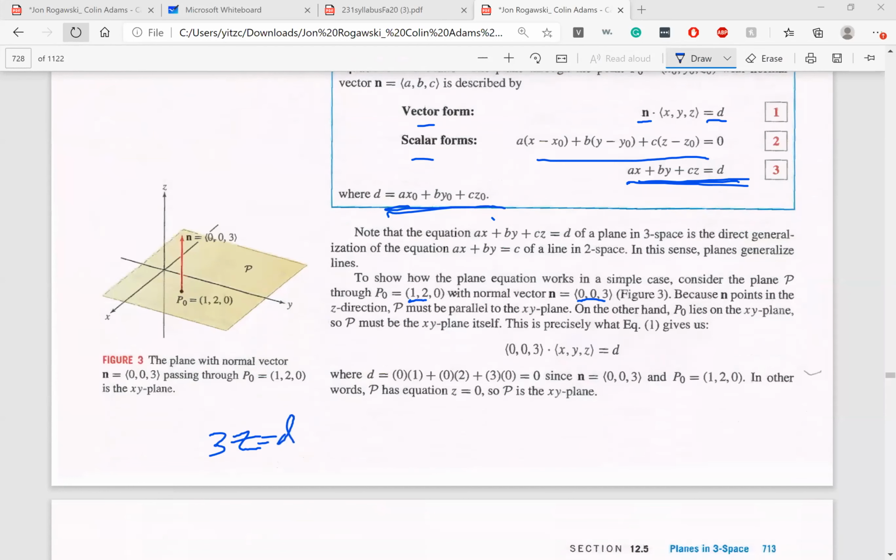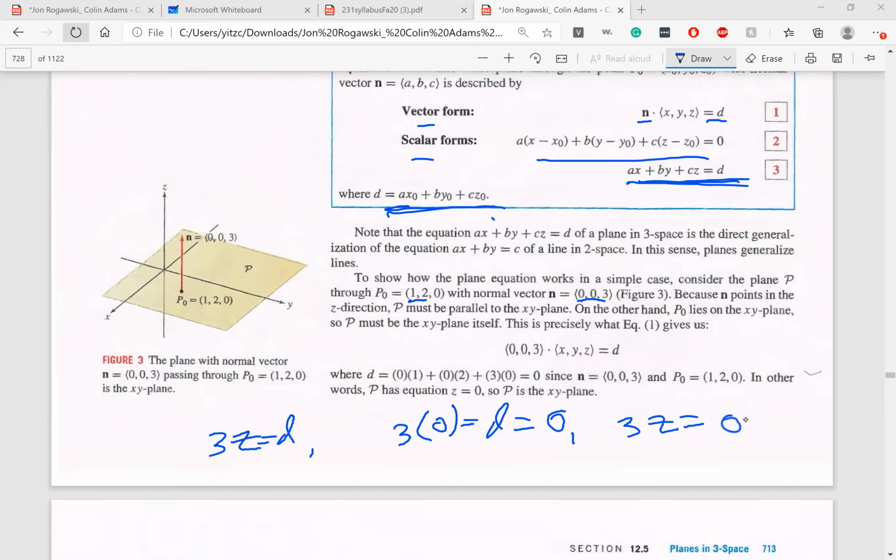And now it needs to satisfy this equation over here. So we can plug in this point, and we get 3 times 0 is equal to d, which tells us that d is equal to 0. So our plane is going to be of the form 3z is equal to 0.